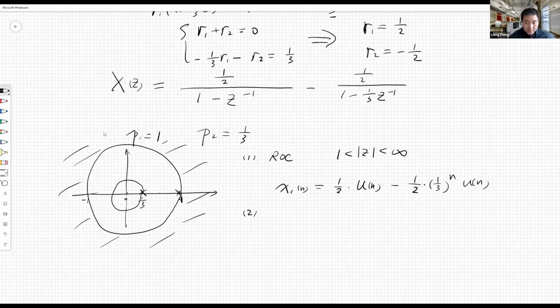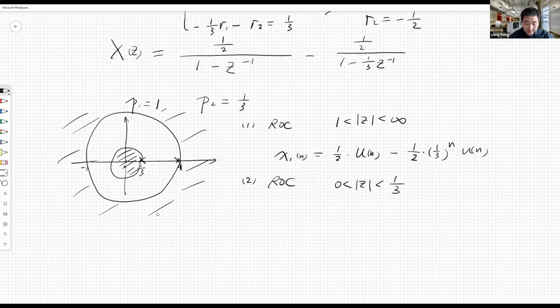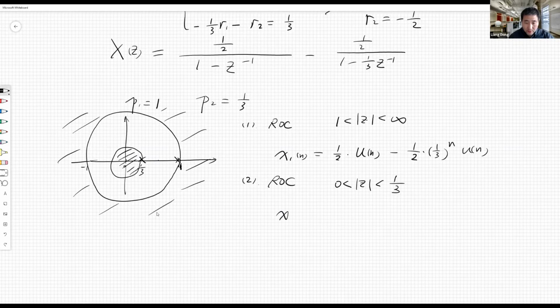And then, of course, I have some other possibilities. If the region of convergence is in here, less than 1 over 3, then I get x2[n] equals half the first part.